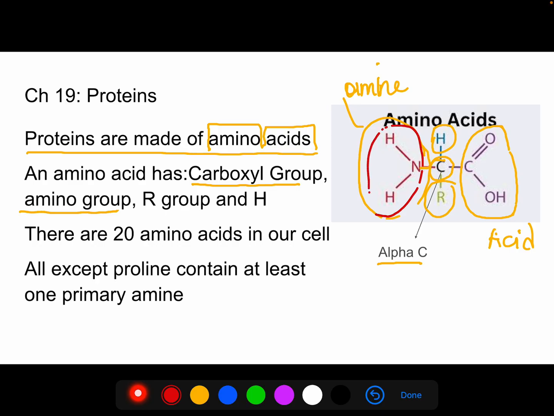What is different between the amino acids are the R groups. So there are 20 amino acids in our cells that make up our body, and they're all similar in that they have amine and acid, but their R group is different. All of the amino acids except proline contain at least one primary amine.